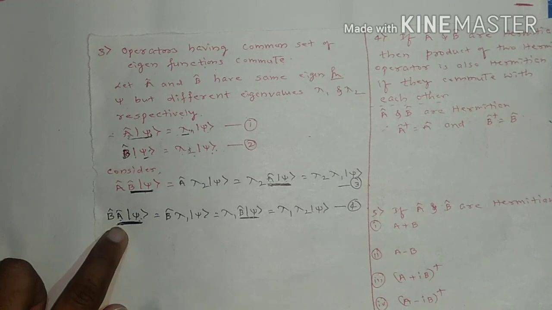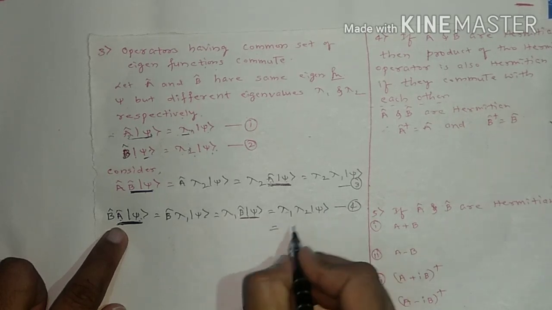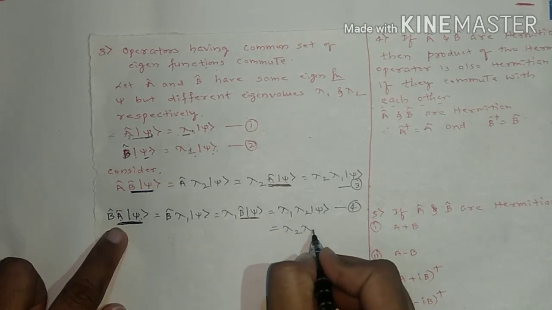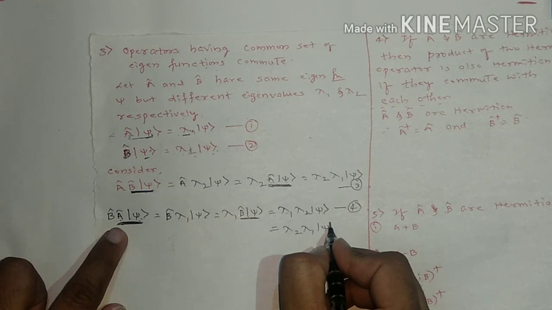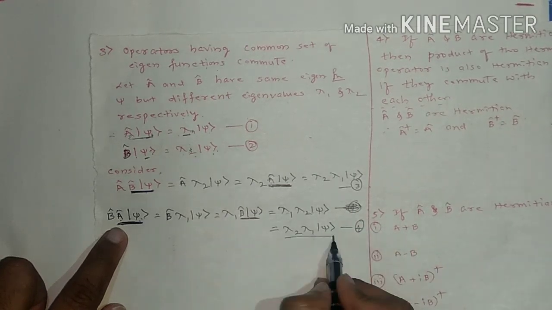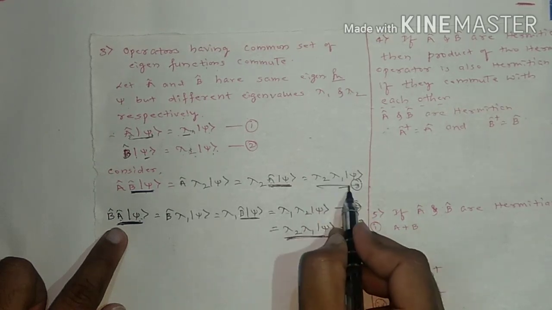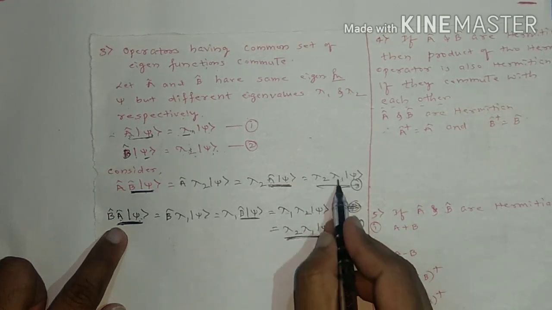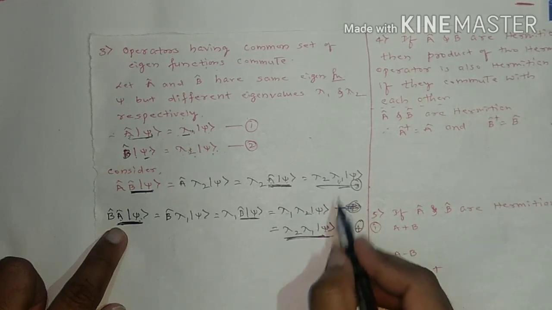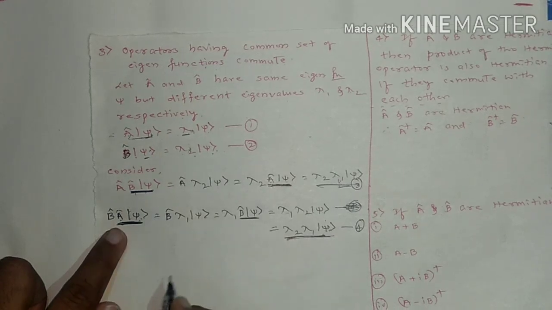From 3 and 4, what we find is these are all scalars, so we can change the order. So this can also be written as lambda 2 lambda 1 psi. If you take this expression and this one, we see that the RHS are the same. If the RHS are the same, then the LHS should also be the same.